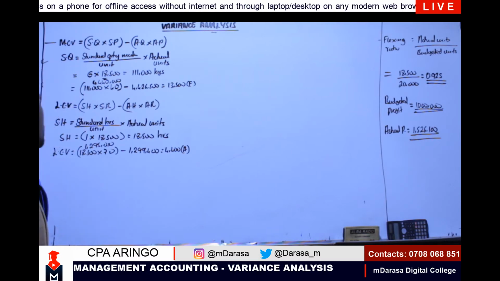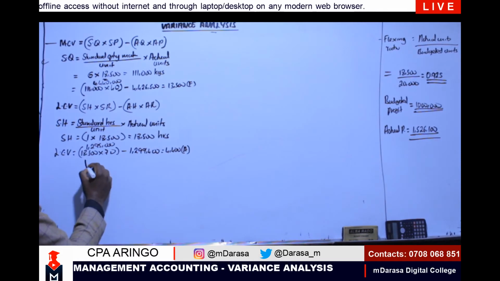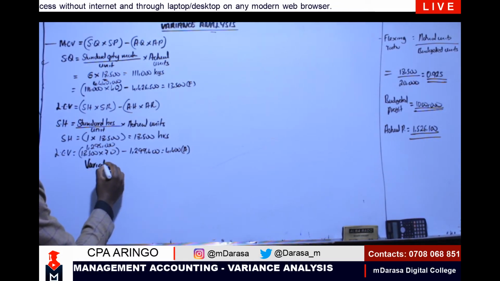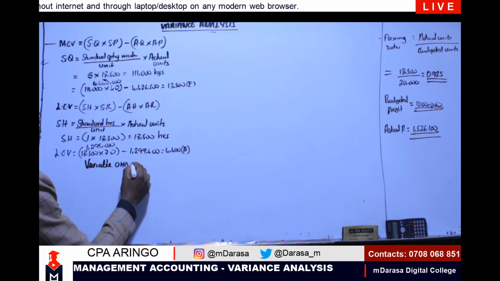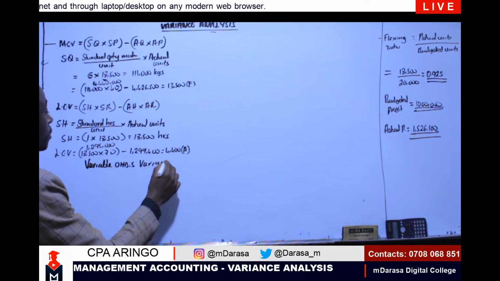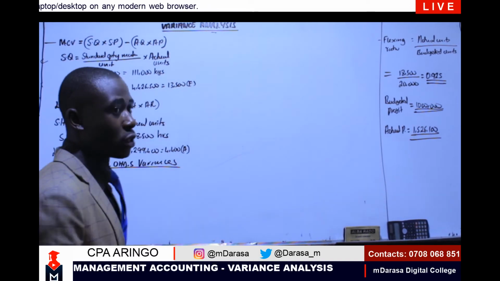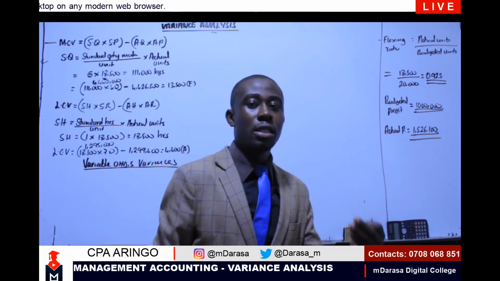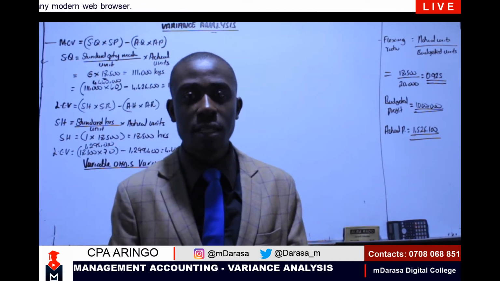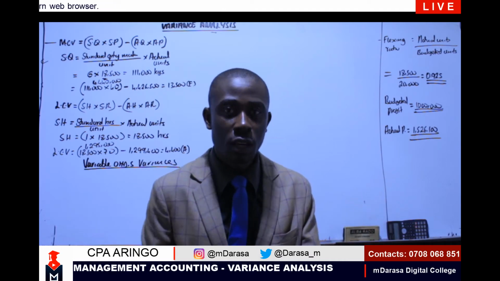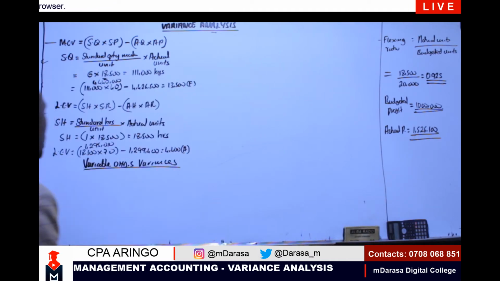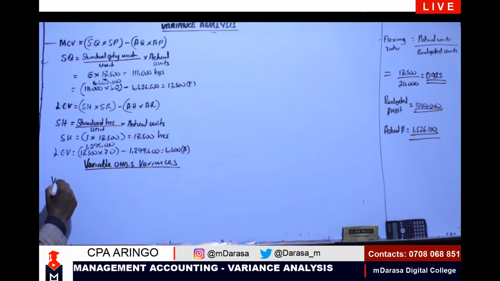So after we've worked it out, I need us to compute our variable overheads variances. In working out our variable overhead variances, we know very well that you normally talk of two main ones: variable overhead expenditure variance and variable overhead efficiency variance. So we start with variable overhead expenditure variance.